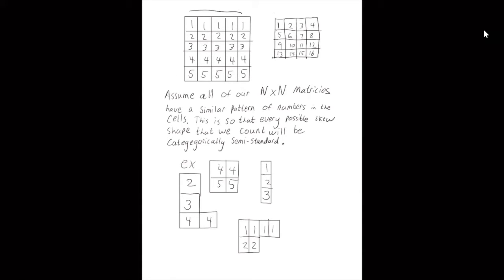So when we make our cuts in this matrix, every cut we make will be a semi-standard skew shape. Weakly increasing rows, strongly increasing columns. This could be a skew shape right here. This could be a skew shape.